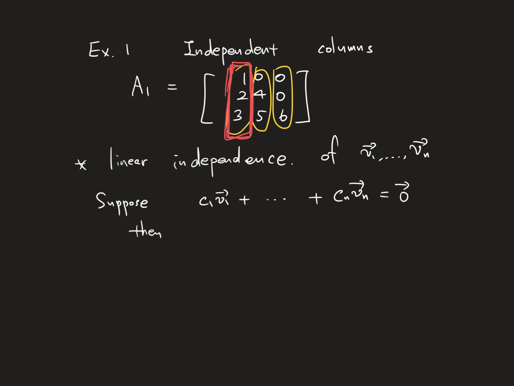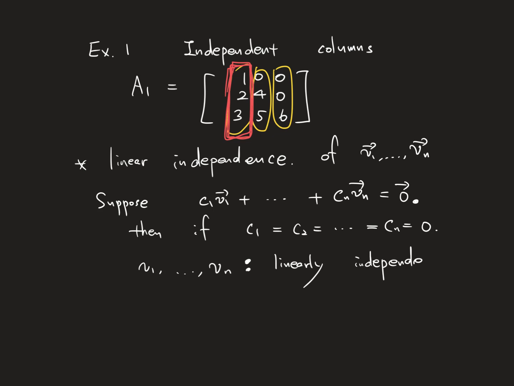Then if c1, c2, up to cn should all be 0, then we can say v1 to vn are linearly independent. Yeah, this is the definition. I think this is a new definition.